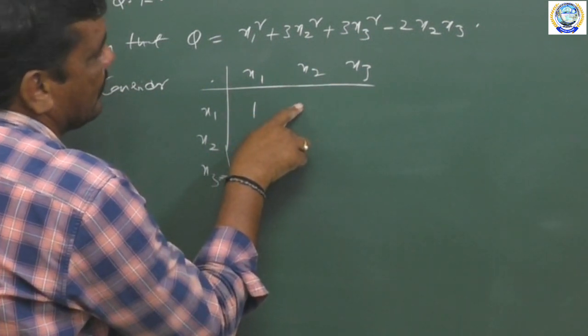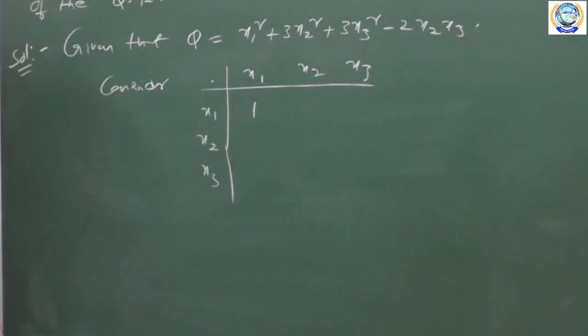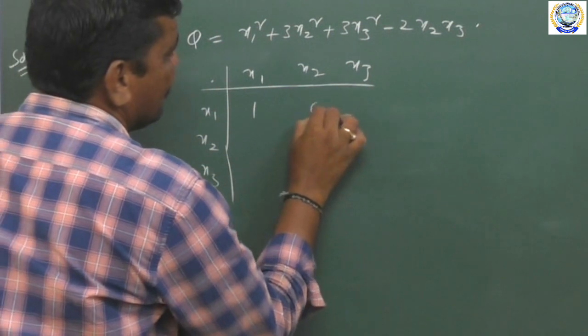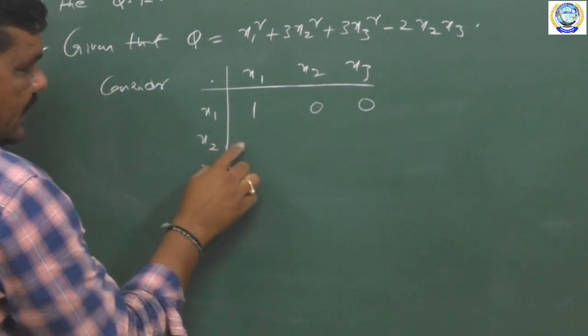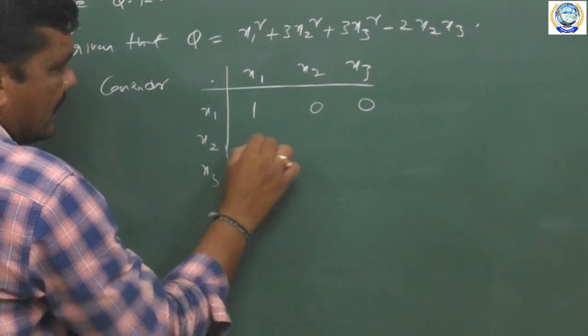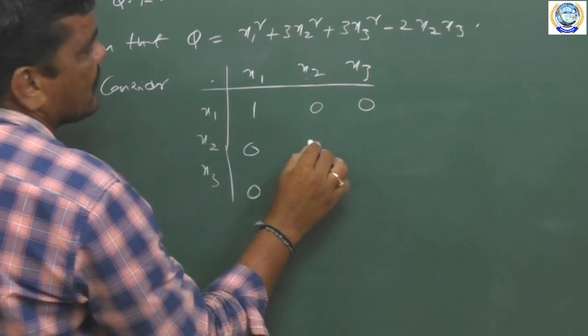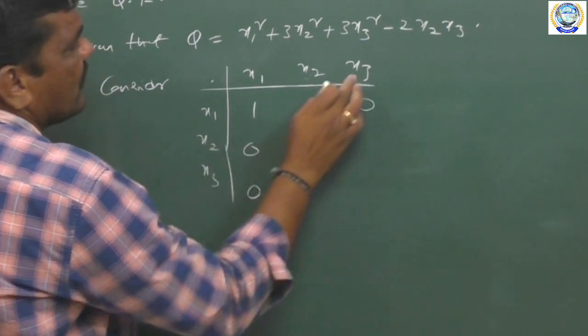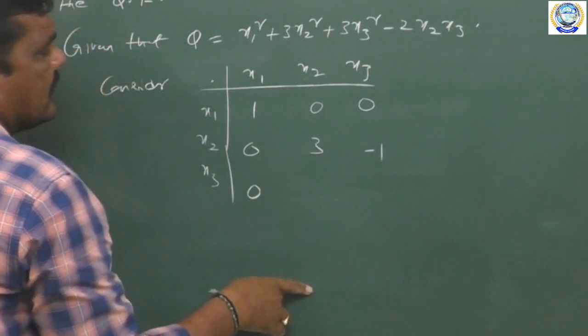By 1 by 2 into coefficient of x1x2, here there is no term of x1x2, that is its coefficient is 0. It is 1 by 2 into 0, that is 0. x1x3, so it is also 0. Here also 0, here also we write 0. Here we write the coefficient of x2 square, that is 3, and the coefficient of x2x3 is minus 2, so 1 by 2 into minus 2, it is minus 1.